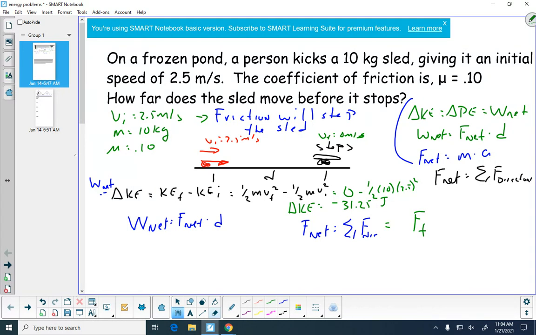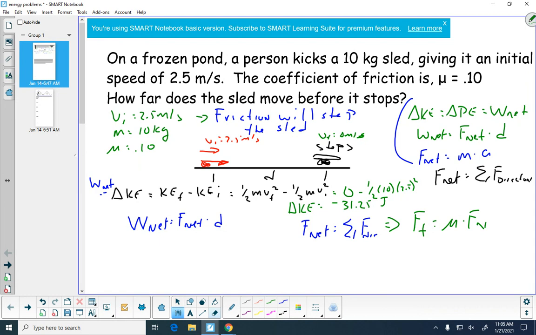How do I find my force of friction? Oh, we start pulling everything out now. That's mu times normal force. Well, how do I calculate my normal force?